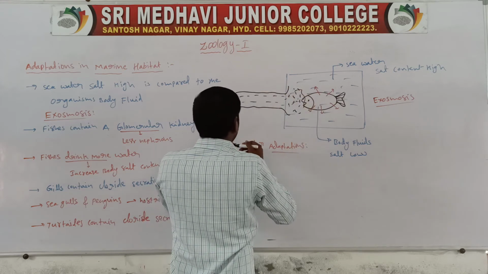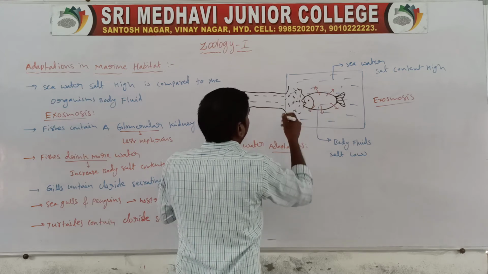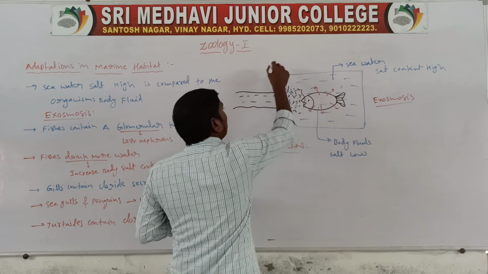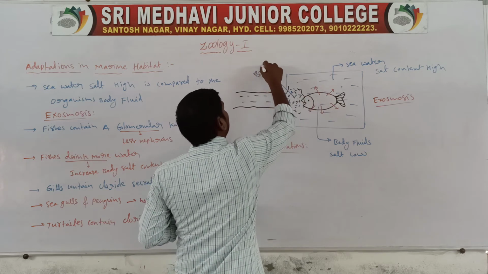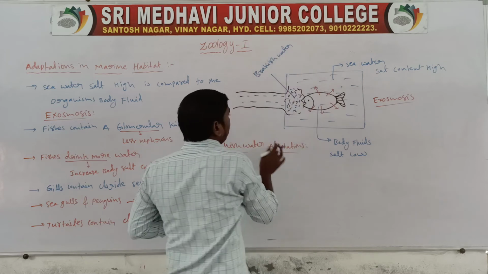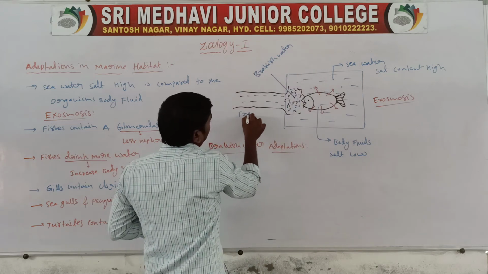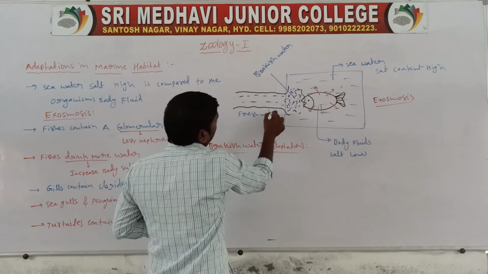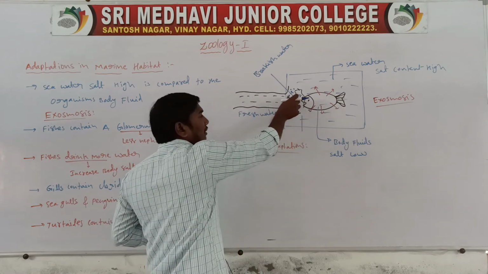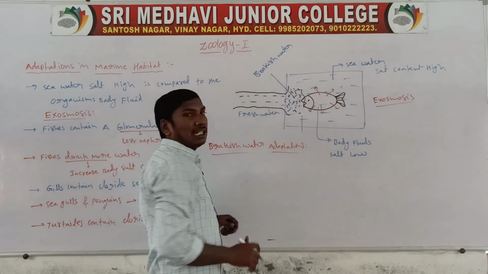In this place, fresh water and marine water mix together. This area is called brackish water.